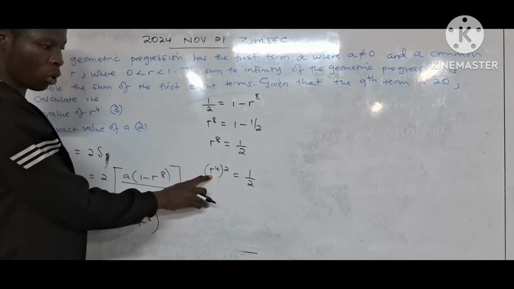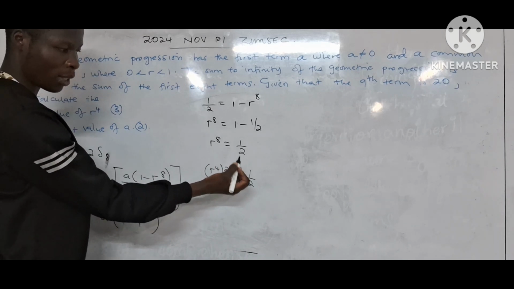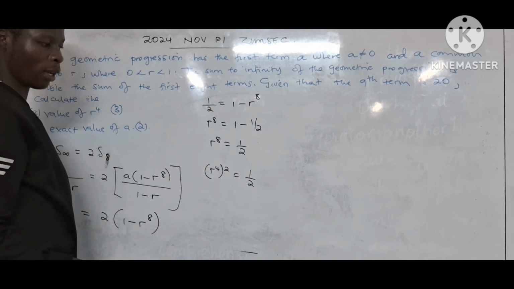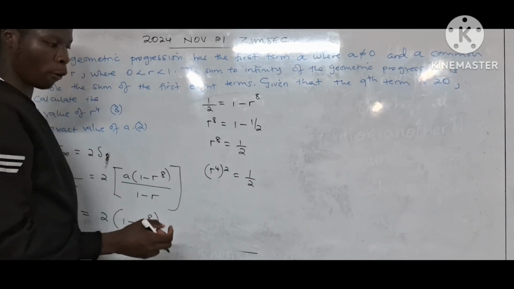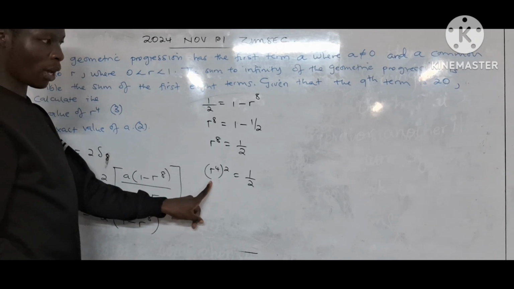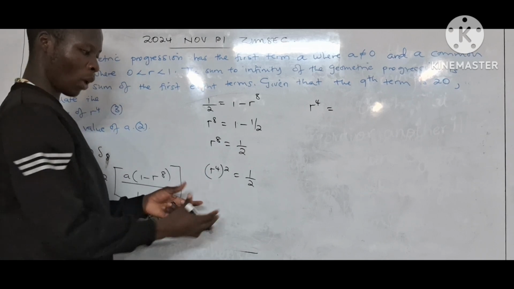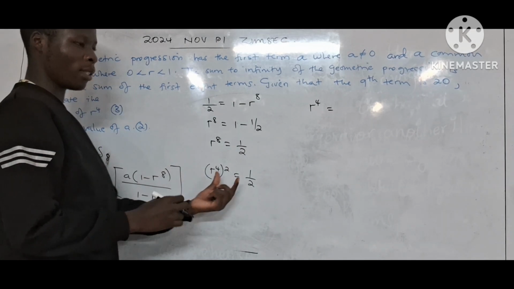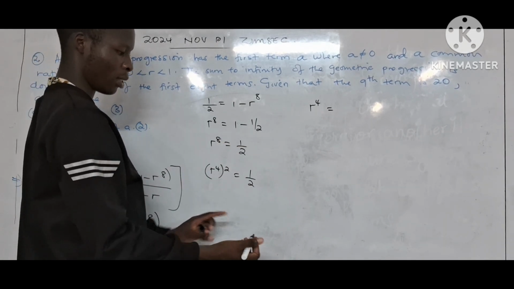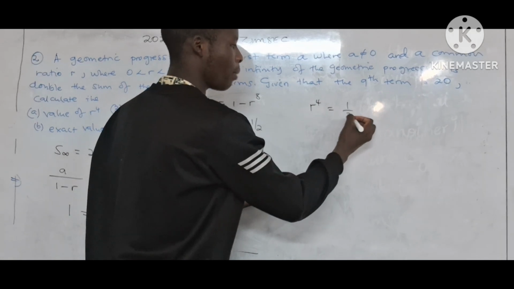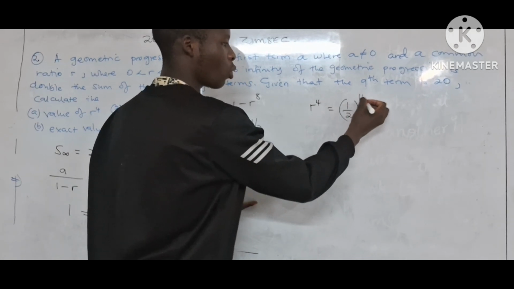Now we want to find R to the power 4. In other words, you take the square root of this side. If you take the square root of this side, you are going to remain with R to the power 4. What you do on the left-hand side you are supposed to do on the right-hand side. So this is 1 divided by 2, all to the power half.